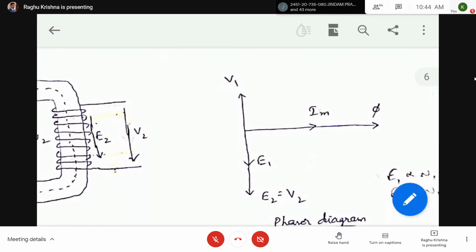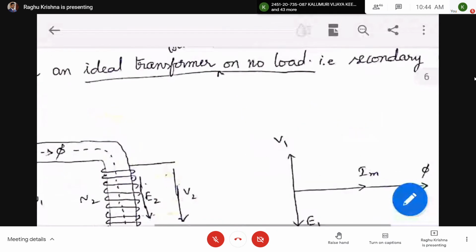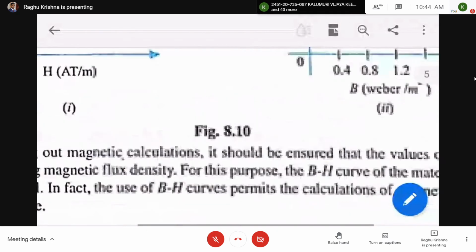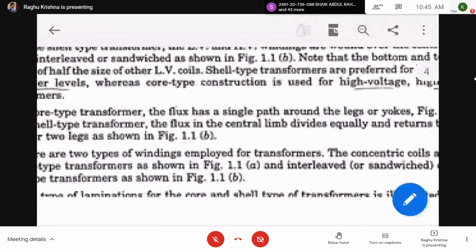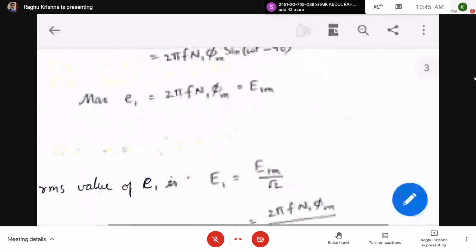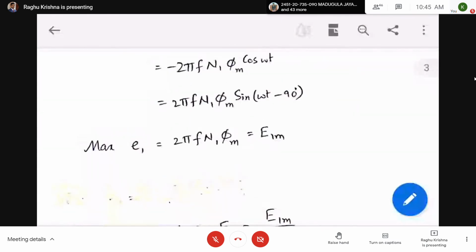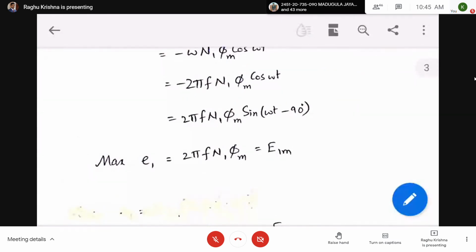Next, the equation for E1 is equal to minus N d phi by dt. See the induced EMF equation: 2 pi f N1 phi m sin(omega t minus 90 degrees).